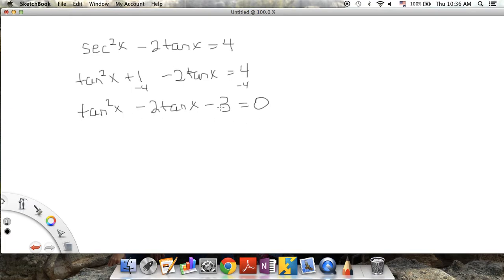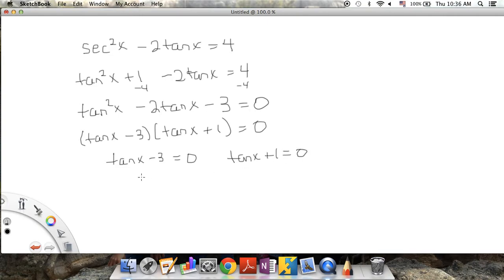Now, it does look a lot like a polynomial, and in fact, you can factor it just like you would a polynomial, except instead of having just plain x, we've got the tangent of x equals each of these things. So here we have two factors that equal 0.